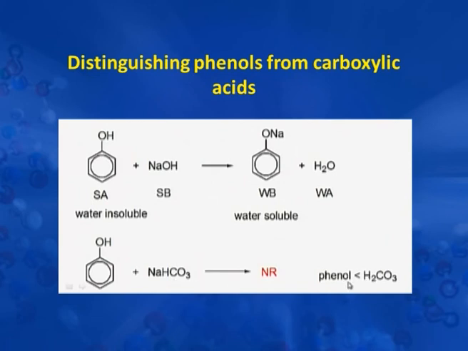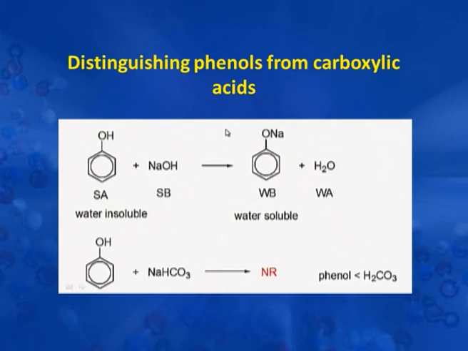We already know that during the process carbonic acid is formed, and since carbonic acid is a stronger acid than phenol, this reaction does not go to completion, or does not go to the right hand side direction.